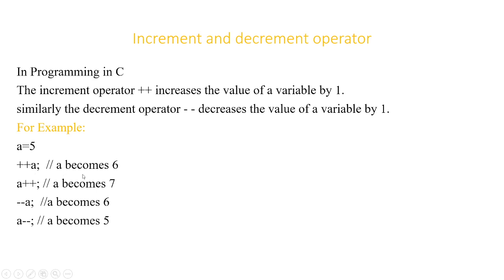Now a is 6. a plus plus means now a becomes 7. Minus minus a, it was 7, now it gets decremented one step and a becomes 6. a minus minus, that is also decremented one step below, it was 6, now it becomes 5.